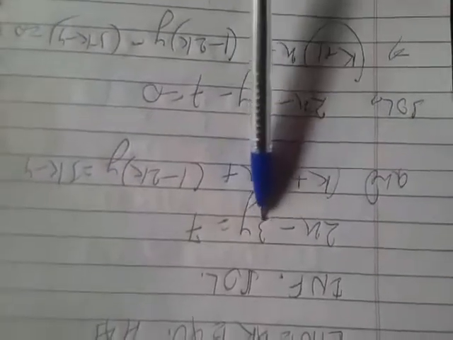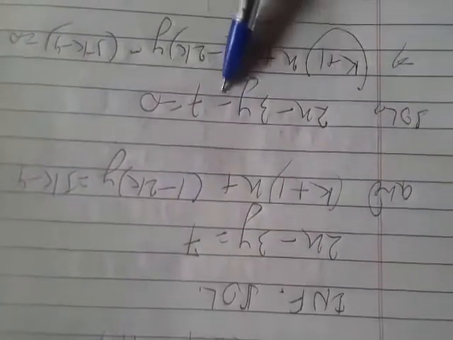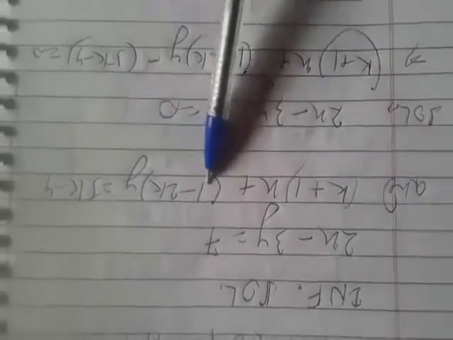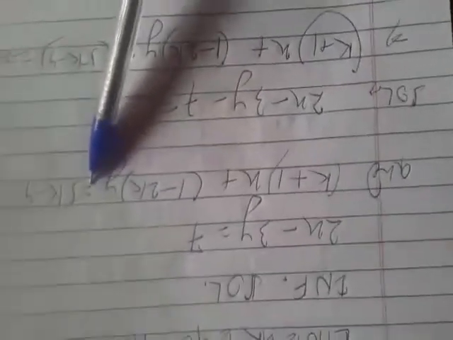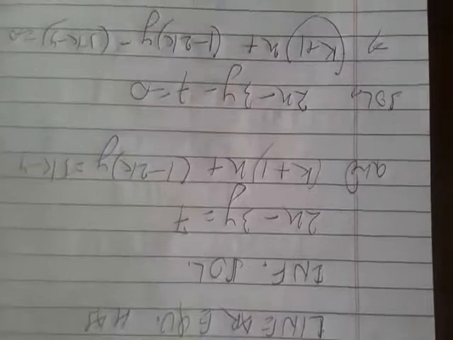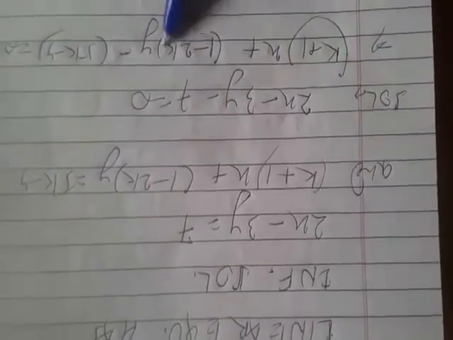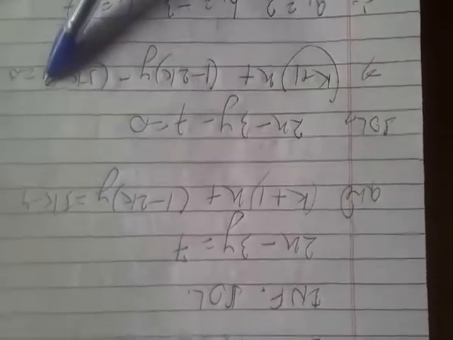Now we have converted 2x minus 3y is equal to 7 into the form 2x minus 3y minus 7 is equal to 0, and the second equation (k plus 1) into x plus (1 minus 2k) into y is equal to 5k minus 4 into the form (k plus 1) into x plus (1 minus 2k) into y minus (5k minus 4) is equal to 0.